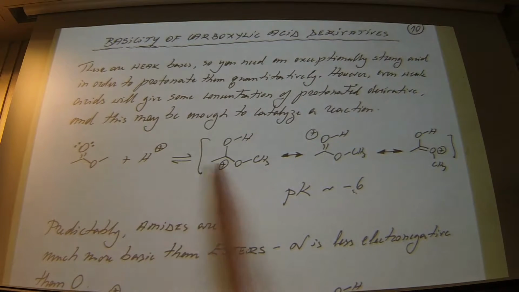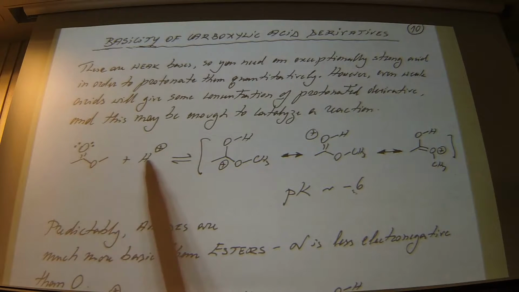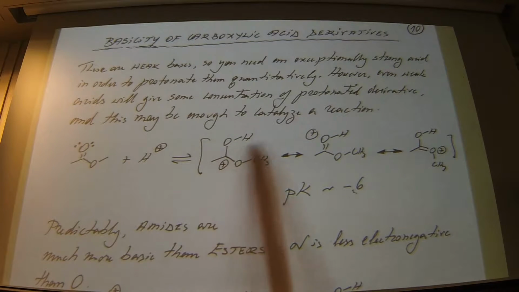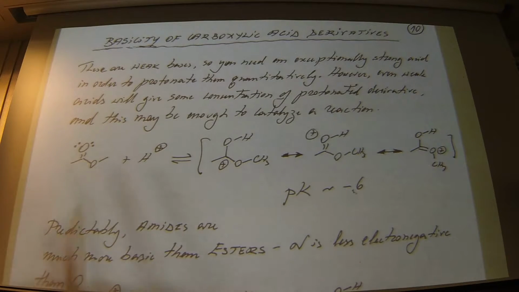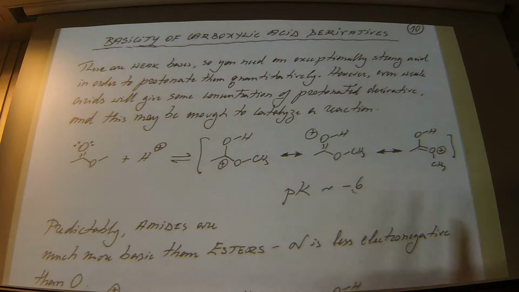And so you can imagine acid-base chemistry taking place. Acid plus base to give you conjugate acid. And this is a strong acid, -6. -6 means that this particular acid is about as strong as HCl. And so that tells you that this is not a very good base.